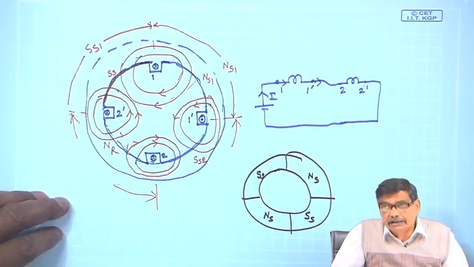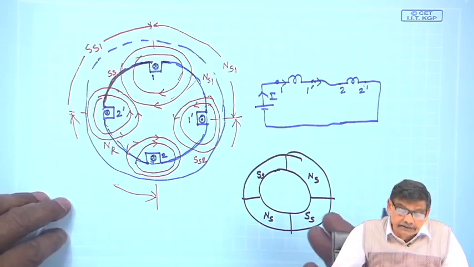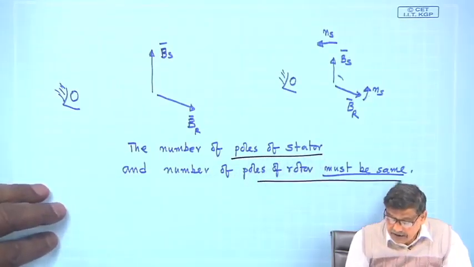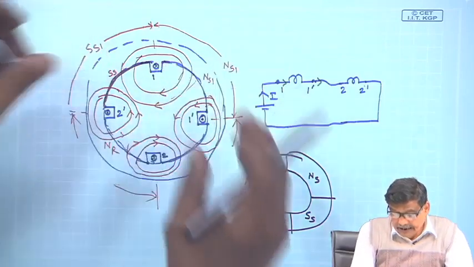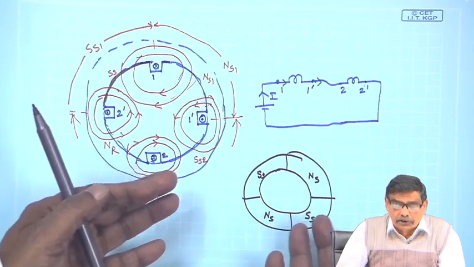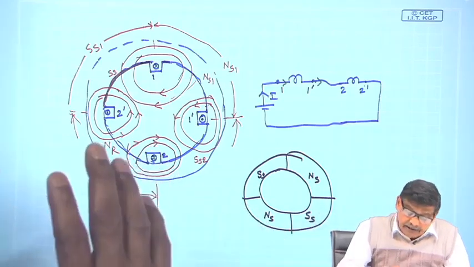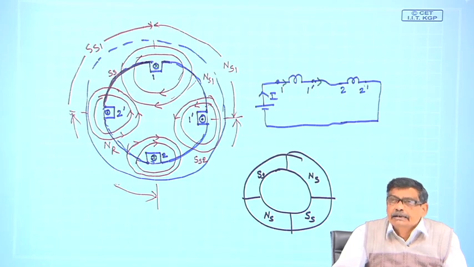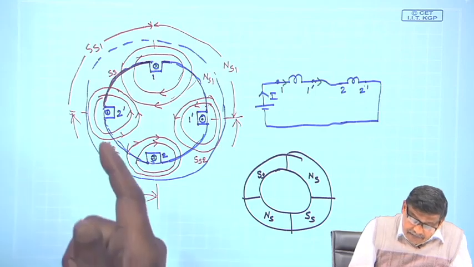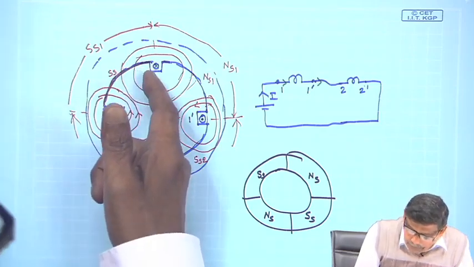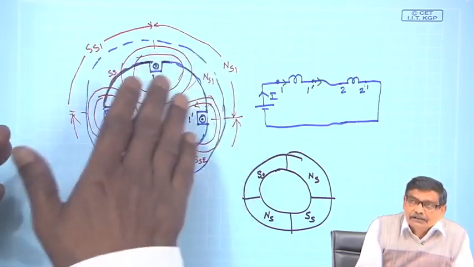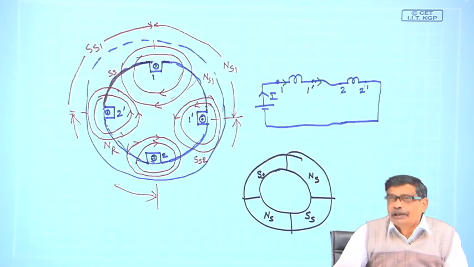So, I will continue with this next time, that is the condition that the number of poles must be the same for both stators. What we have learned is that any iron body, stator iron body, similarly this is true for rotor iron body, why not, that I can create any even number of poles if I wish by having appropriate coil display on the slots and passing current through them. Thank you.